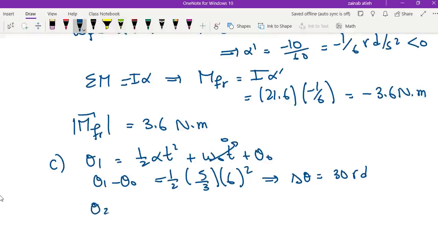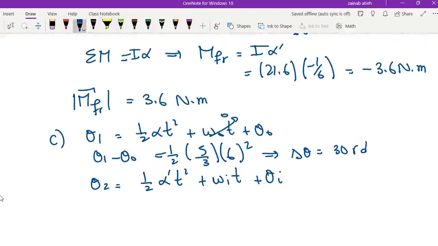Now in the second stage, theta 2 is equal to half alpha prime t squared plus omega initial t plus theta initial. Okay, I will leave it; theta initial is theta 1, but I only care about finding delta theta. I prefer to work this way.